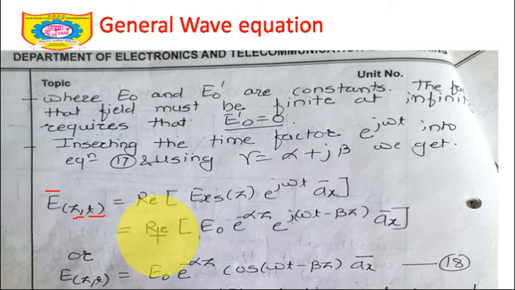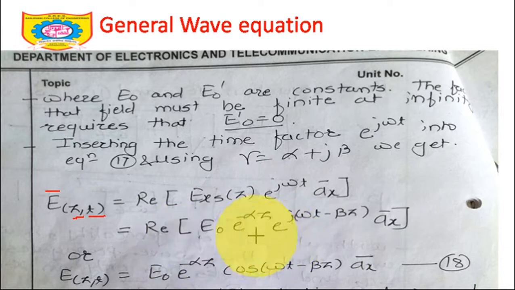Now I have replaced this gamma by alpha and beta, so it will be e raised to minus alpha z into e raised to j omega t minus beta z, because e raised to minus gamma z can be represented as e raised to minus alpha z into e raised to minus j beta z. Is it okay? So I can take this j common, so it will be j omega t minus beta z into ax bar.